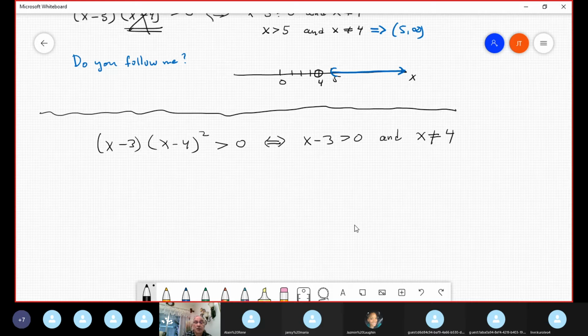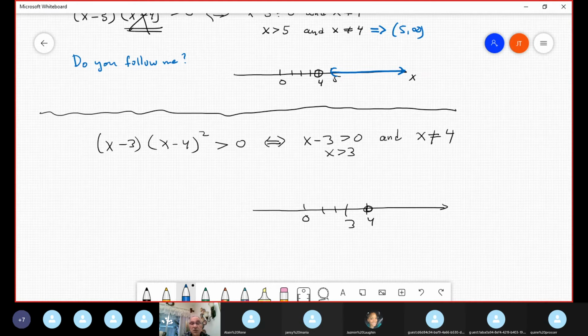Now, let's do it. The solution for that part is x greater than 3. This is 0, 1, 2, 3, and at 4 we have a whole. In this case, the solution is from 3 to 4, and from 4 to positive. So what is the final answer? Well, the final answer in interval notation is parenthesis 3, comma 4, parenthesis, union, parenthesis 4, comma infinity.